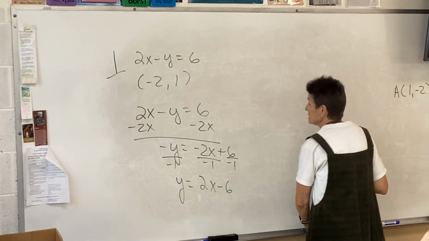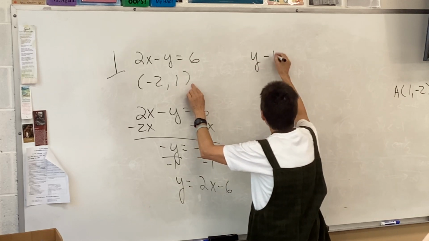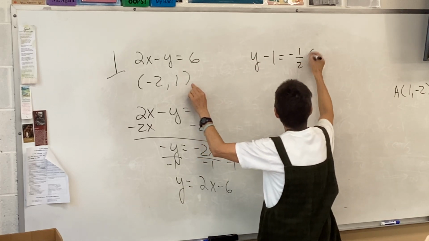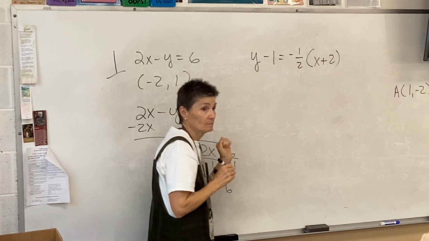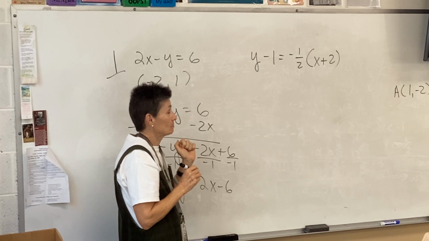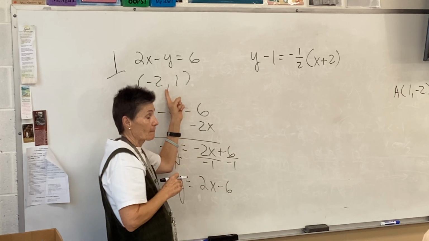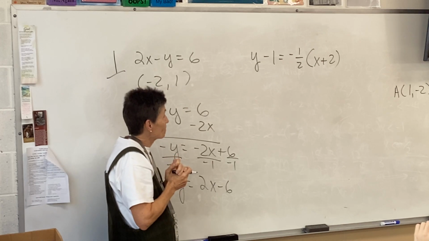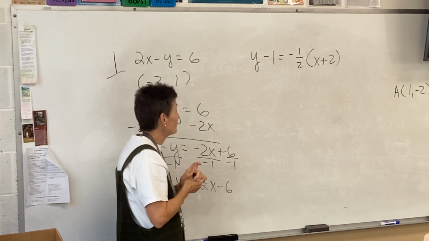My point, I don't have a choice, it's this one. So y minus 1 equals negative 1/2 times x plus 2. Using this point. And that's fine. That's point slope, that's absolutely fine.